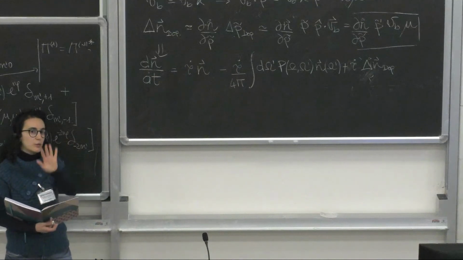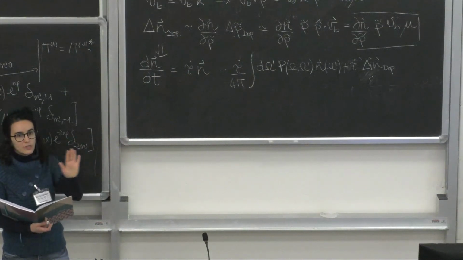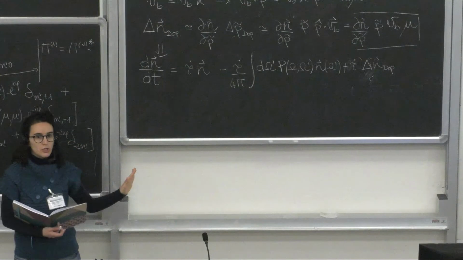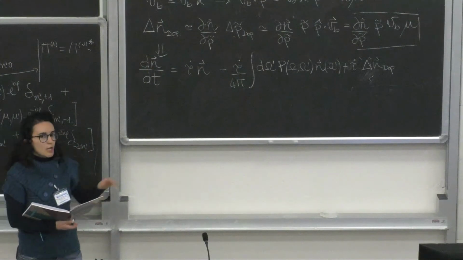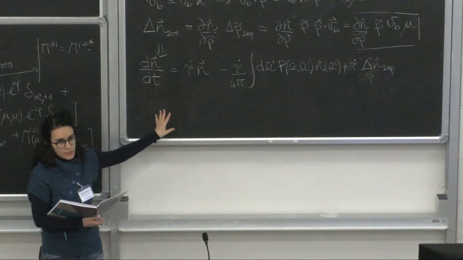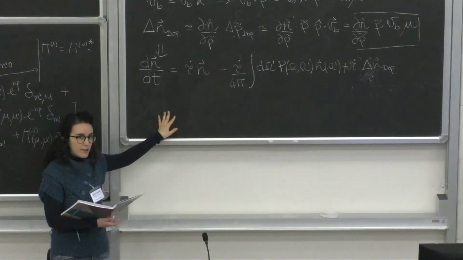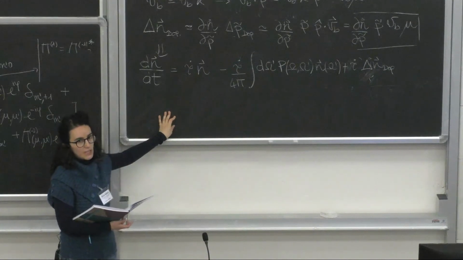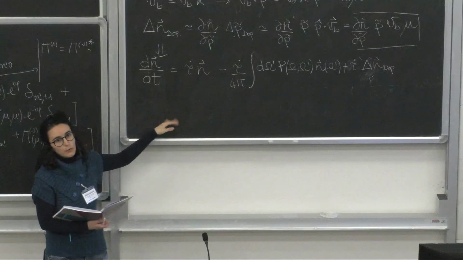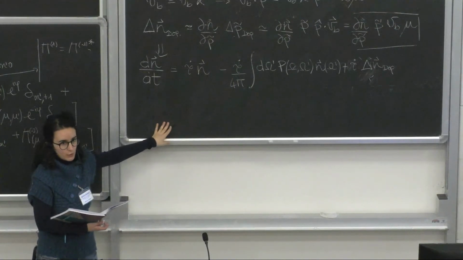And remember that we can treat scalar and tensor separately because of the decomposition theorem that holds at least at linear order. So we will do this first for scalars, and we derive the Boltzmann equations for the photon fields in case of scalar perturbations, and then we will repeat the calculations for tensors.